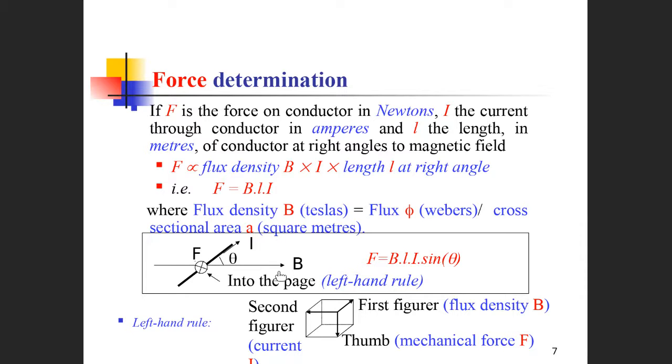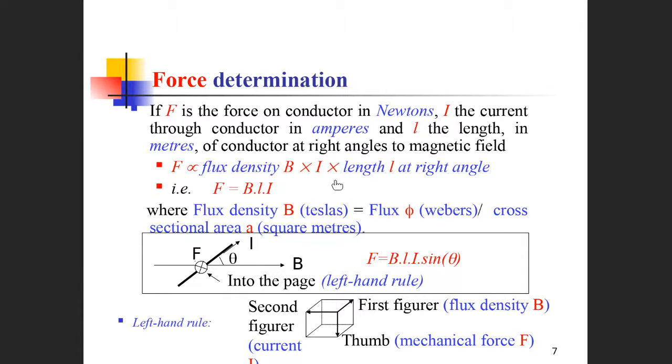By talking about these force issues, we introduced the cross product. The magnetic field is a vector, which means it has magnitude and direction. The current also has a flowing direction and magnitude. And the conductor, of course, points in a certain direction.